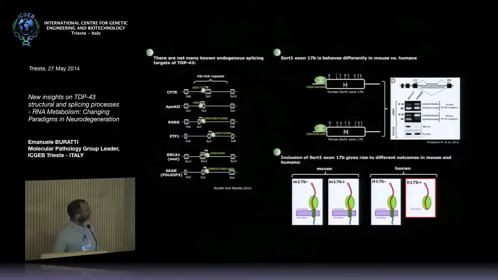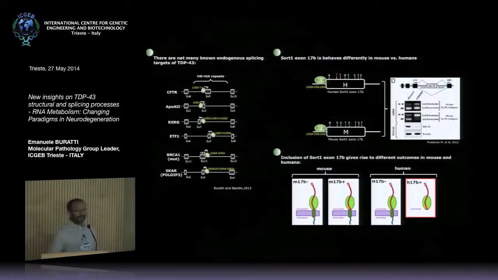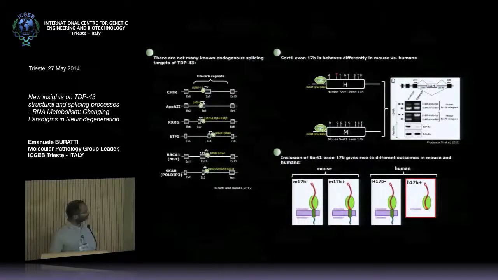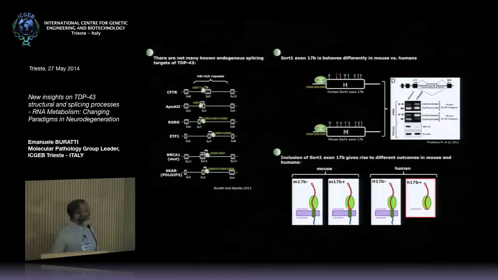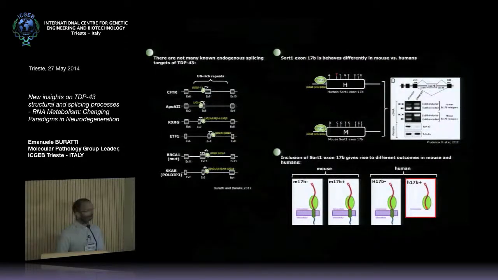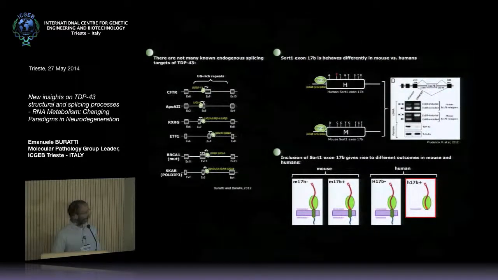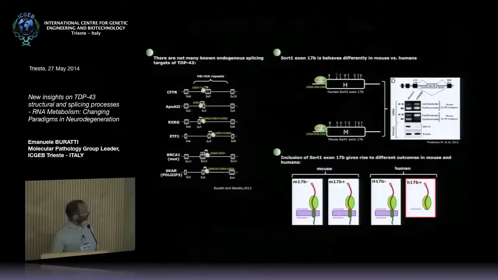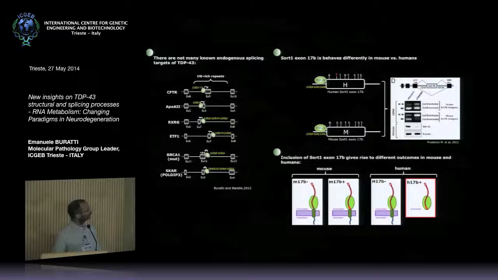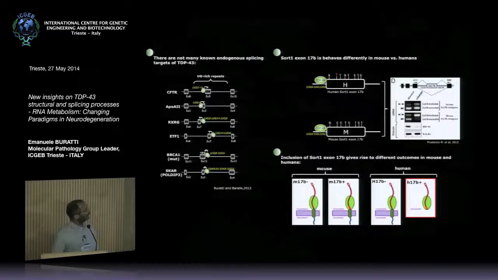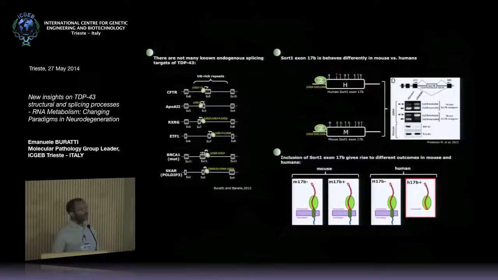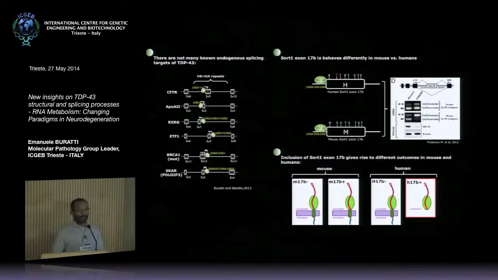So this exon is basically an alternatively spliced exon regulated by TDP-43 that can be either included or excluded in the final mRNA, depending, of course, on the concentration of TDP-43 available inside the cell. In the case of the human exon, the situation is quite different, because if you remove TDP-43, then what happens is that the levels of inclusion compared to the mouse are very, very much reduced.